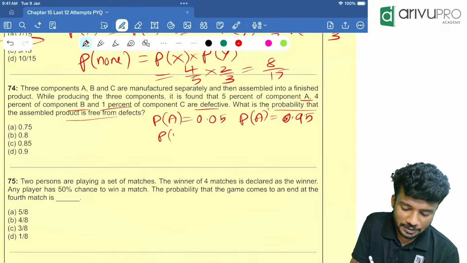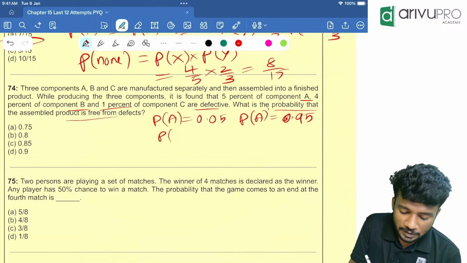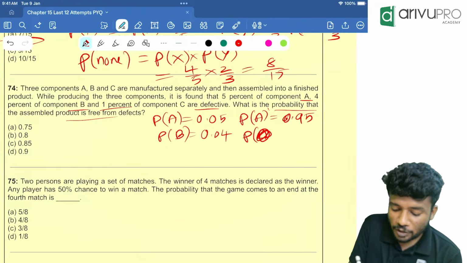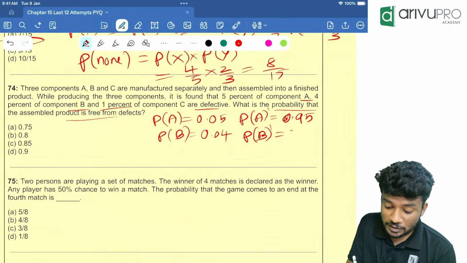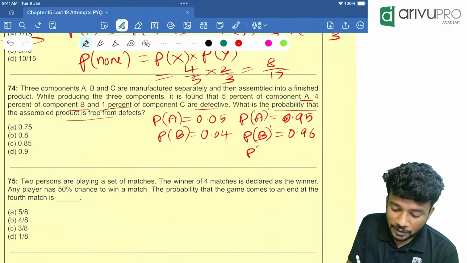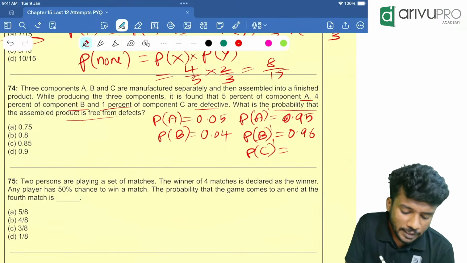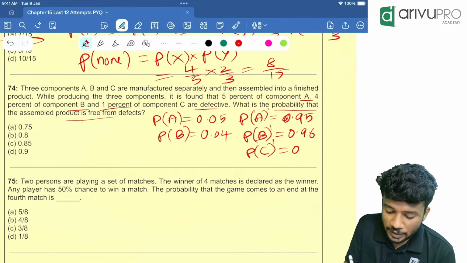Similarly, P of B is given as 4%, which is nothing but 0.04. So P of B not defective is 1 minus 0.04, which is 0.96. Similarly, P of C complement is 1 minus 0.01, which is 0.99.